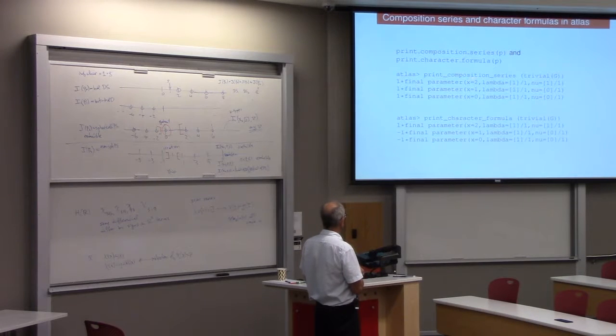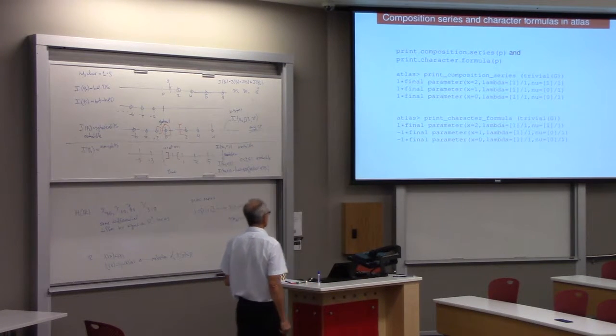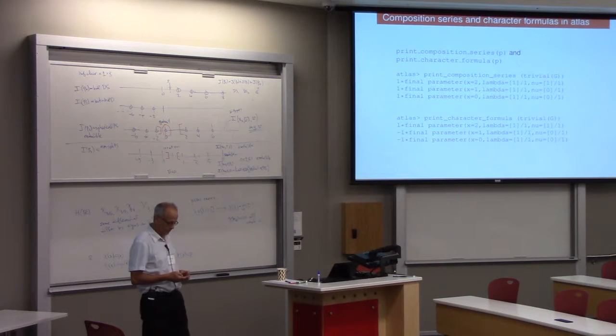So this must mean, please tell me the composition series of the standard module with this parameter, and the answer is to be interpreted as a sum of irreducibles. Conversely, if you ask for print character formula, it must mean this is the trivial representation, and this is how you write it as a linear combination of standard modules. Unfortunately, there are times where it gets confusing about what P stands for.